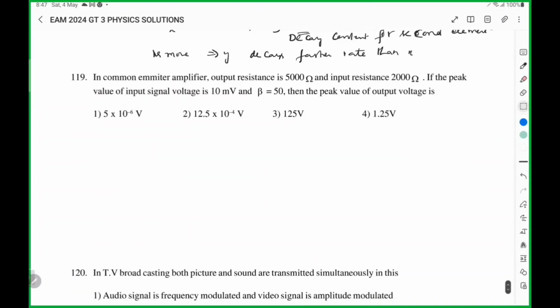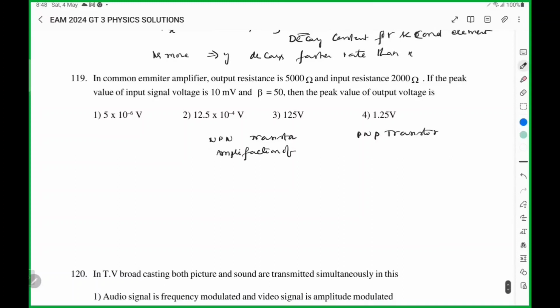Here in transistors, we have NPN transistors and PNP transistors. This transistor we use for the purpose of amplification of input signals.